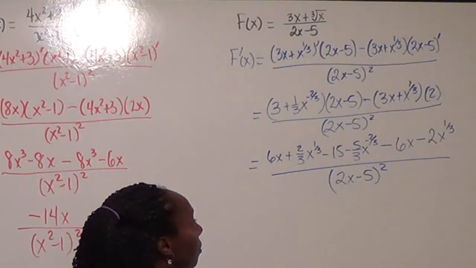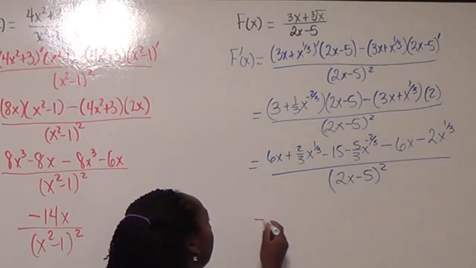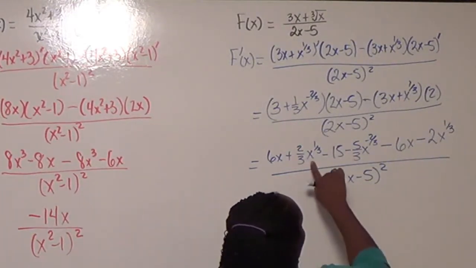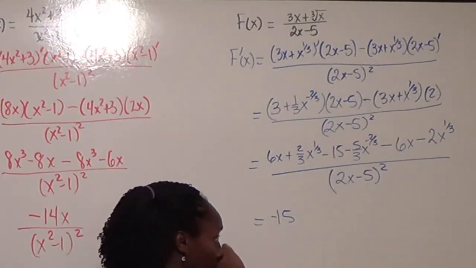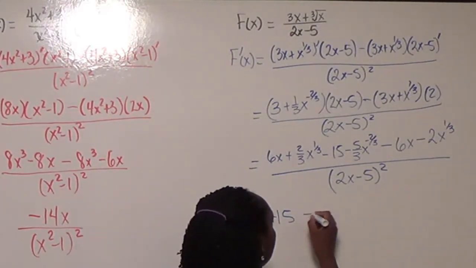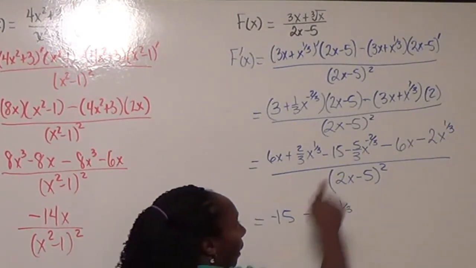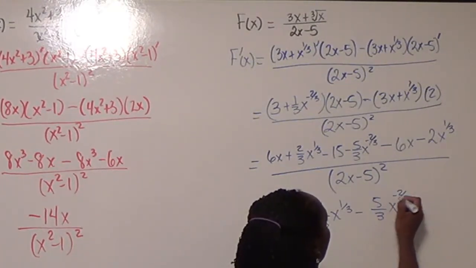Combining like terms, we can see that the 6x terms will go away. We'll get a negative 15. The x to the 1/3 terms will accumulate. And then we have our 1 x to the negative 2/3.